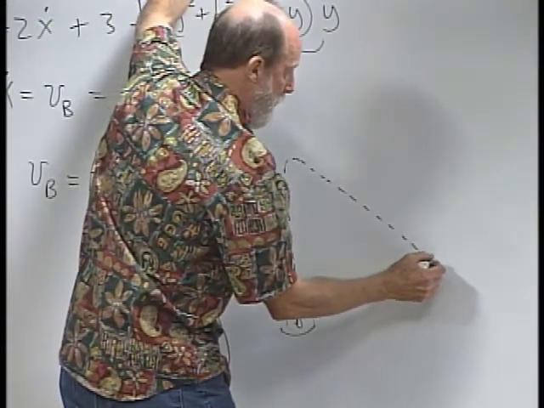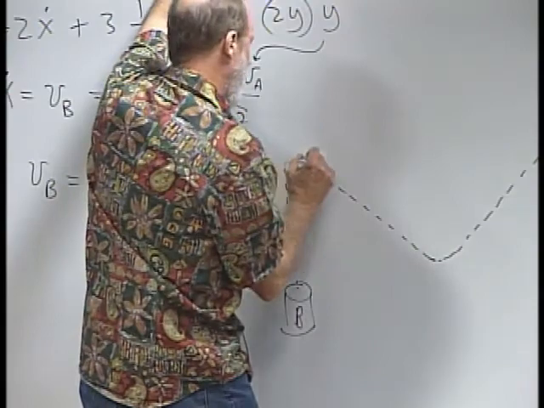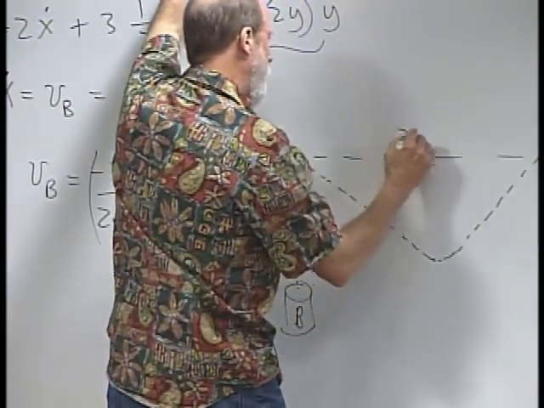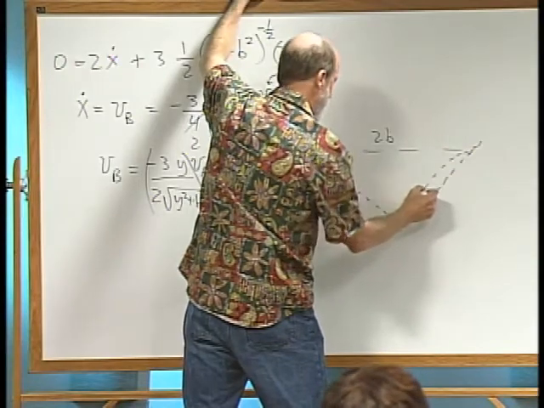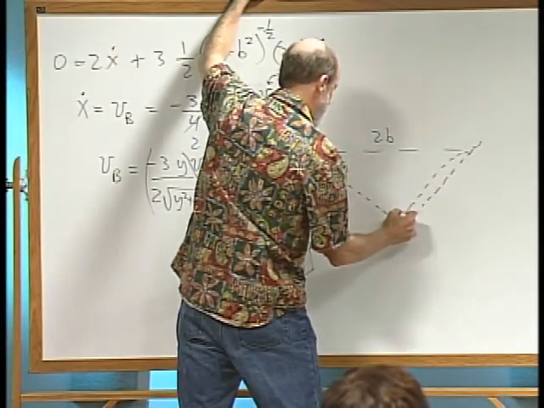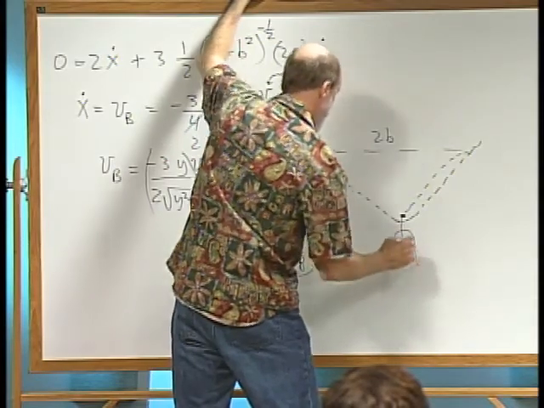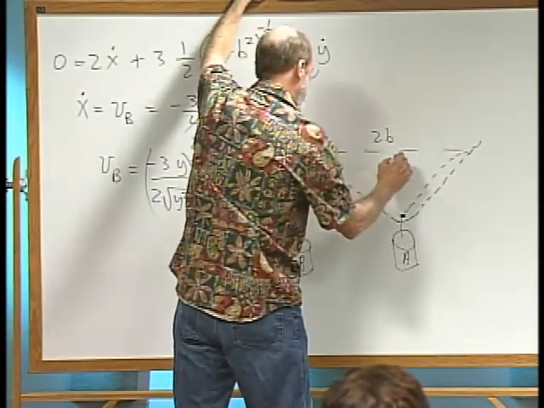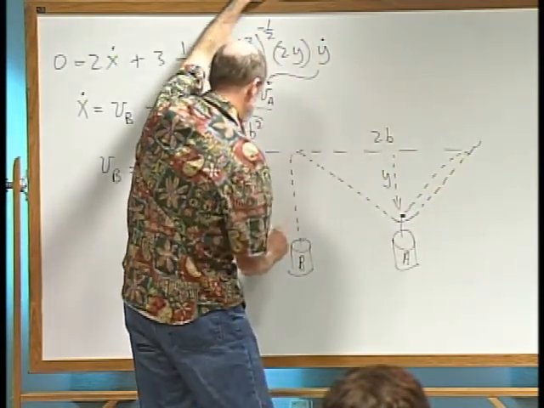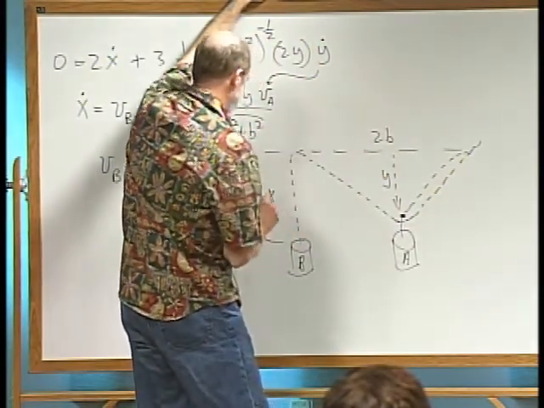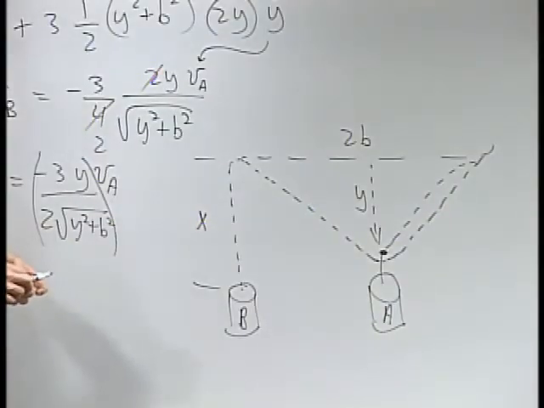Okay, so it goes up over here, and this is some distance 2b over to this right-hand pulley, and then it wraps around, comes back in, and hooks on here with this body A right there. This being the defined distance y, and this being what we called x earlier, which relates to the speed here.